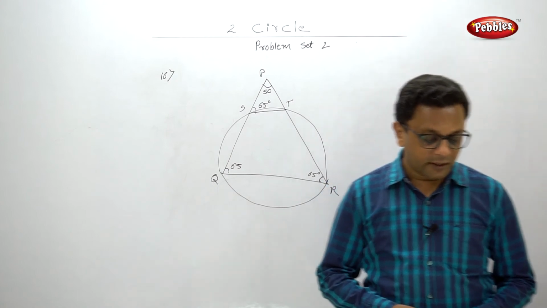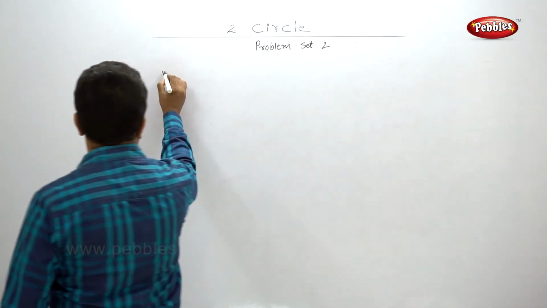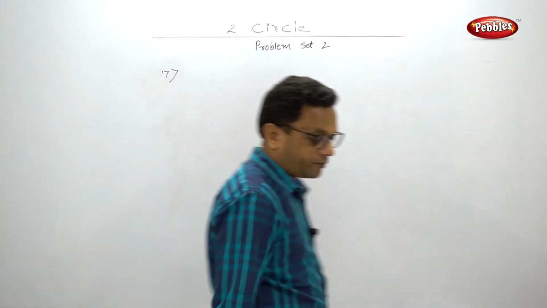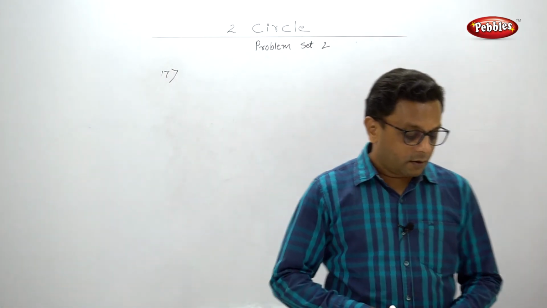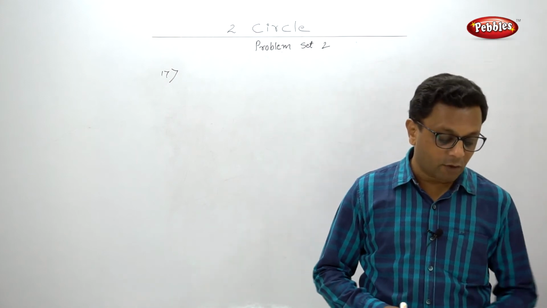Let us go to the next example. Let us solve example number 17. Quadrilateral ABCD is a parallelogram. Let us draw one parallelogram.